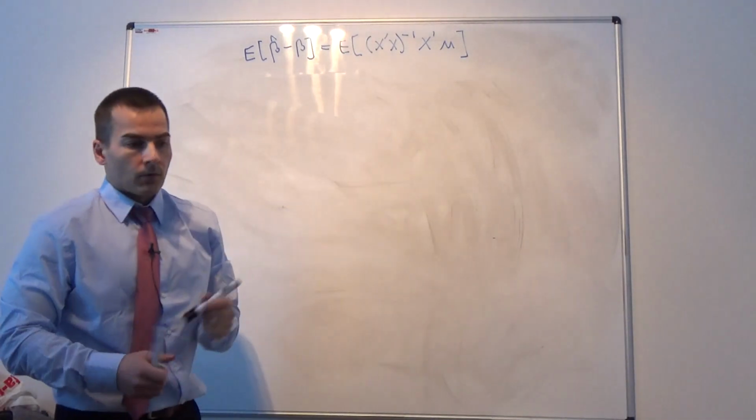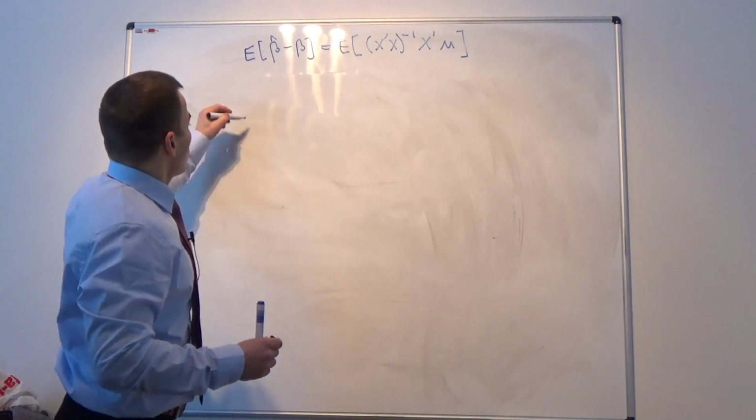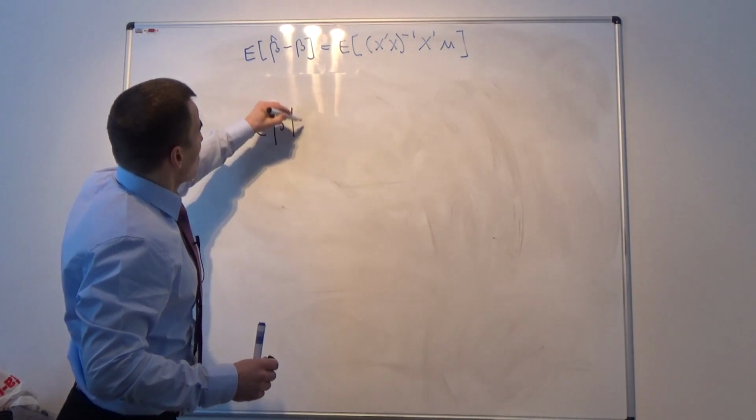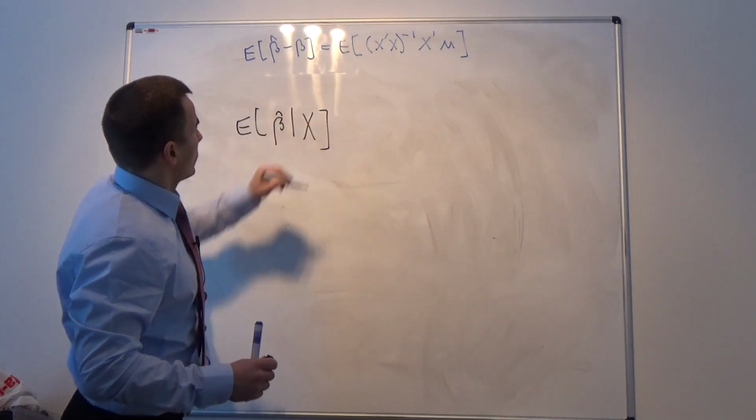So we have to remember now, so what can happen? What's the expectation then of our beta hat conditional on X?